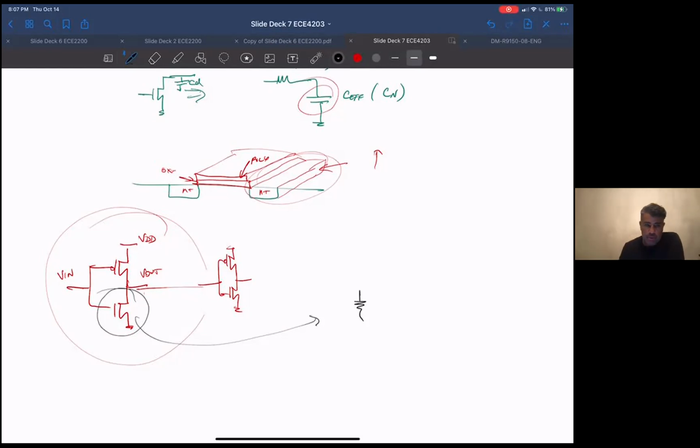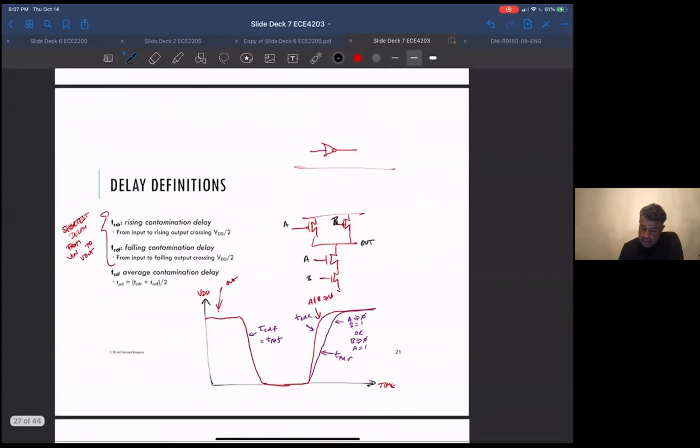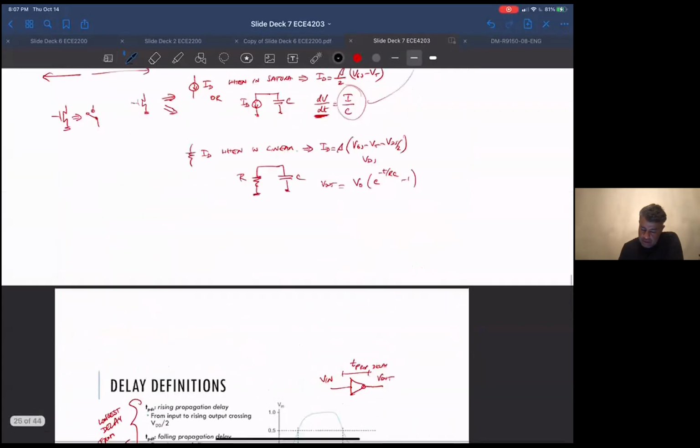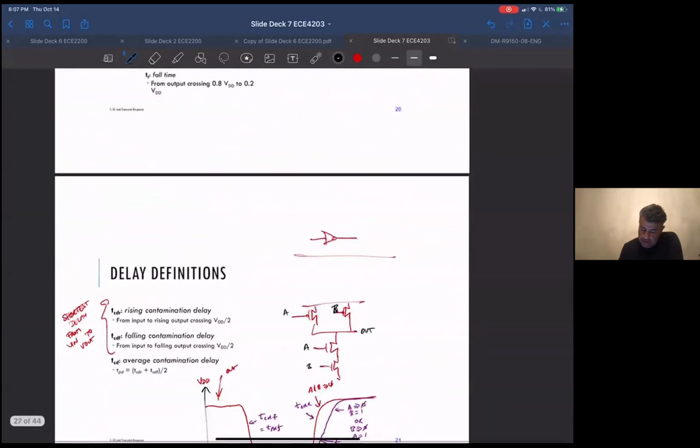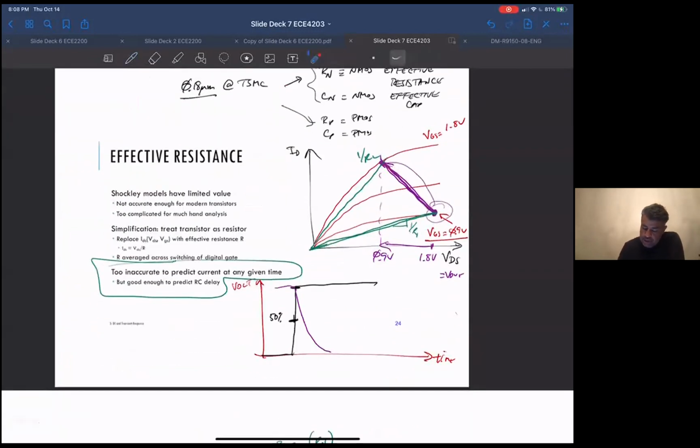Okay, so let me see. You're saying, let's say I'm just sitting here, right? My transistor is sitting where the gate is at the supply voltage and the output is at 0.9. At this point, there's a current coming out of the NMOS.